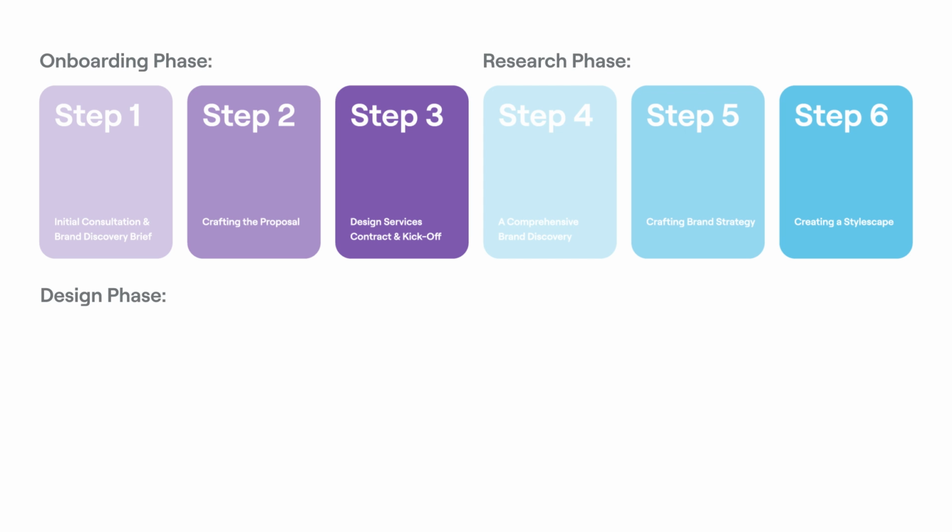Next is the fun part, the design phase. Step 7. Logo and visual identity design. It is all about letting the creativity flow. I invest 1 to 2 weeks in the logo design process. In these weeks, I sketch and conceptualize the logo concepts and reflect on them and make some iterations until I find the best options. Next, I present 3 logo concepts.